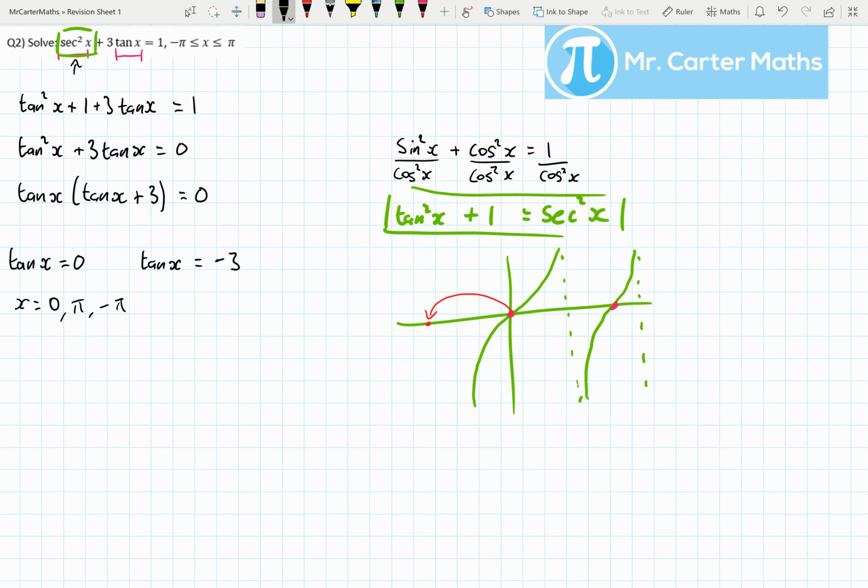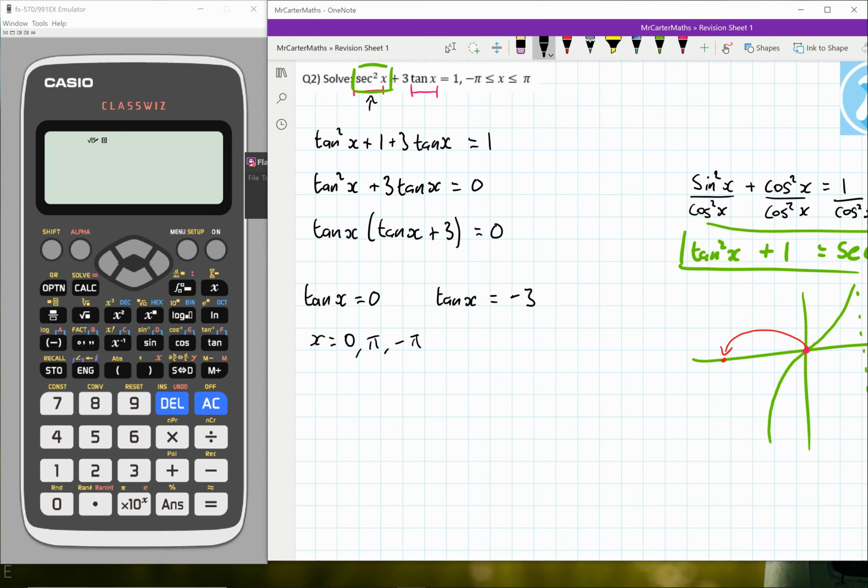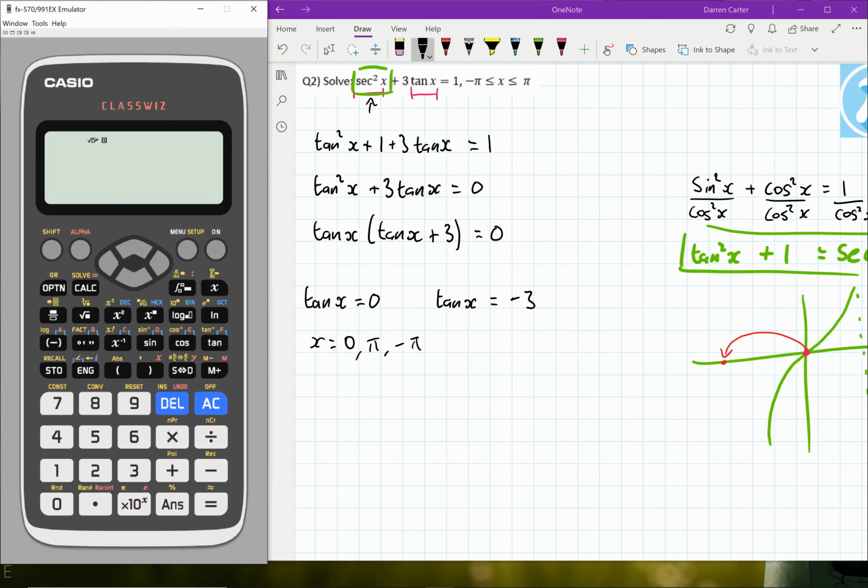Tan x equals minus 3. I'm going to need to use a calculator. So I've got this here. I'm going to use tan minus 1 of minus 3. This leads me to an answer in degrees. I'm obviously working in radians. Change that to radians, and I get x equals minus 1.249.